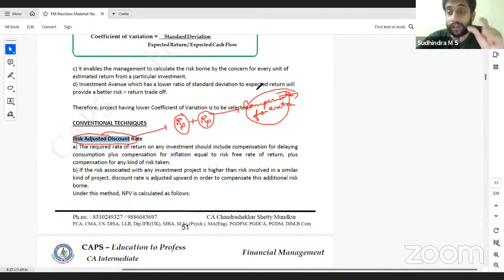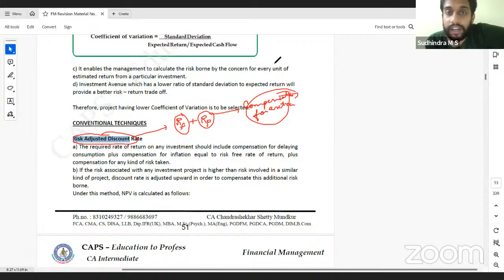Now, RADR is not a technique independently. We will calculate RADR, get the discount rate, and use that discount rate to calculate NPV. So they can ask you to calculate NPV under normal discount rate, and NPV under RADR. In that case, you have to calculate RADR and use that rate to compute NPV.